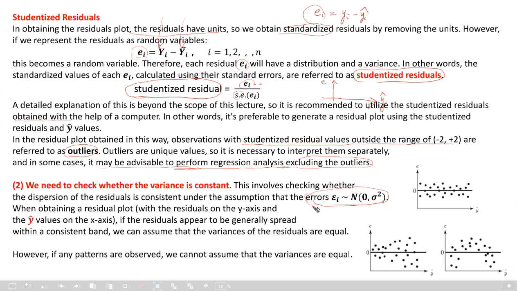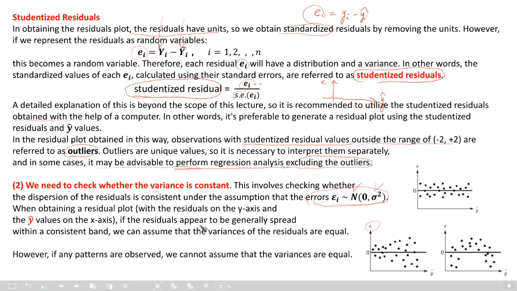So we checked normality, and another thing is equal variance. In other words, whether the variance is constant or not. When obtaining a residual plot with the residuals on the y-axis, usually we use the studentized residual here, okay? And the y-hat values on the x-axis.